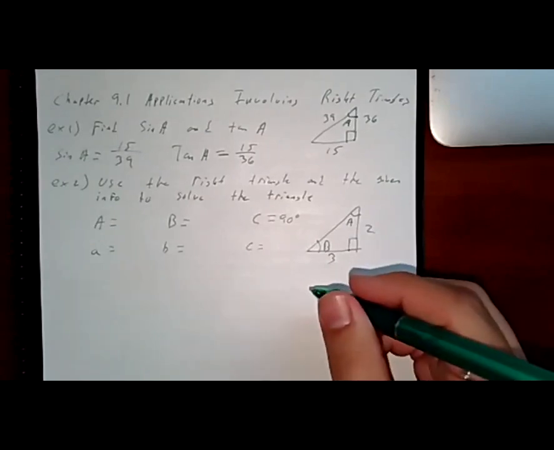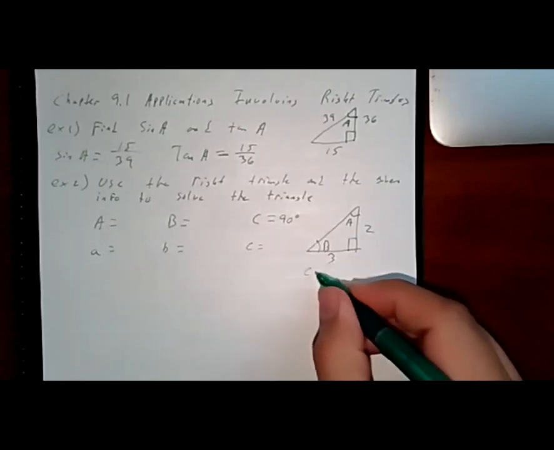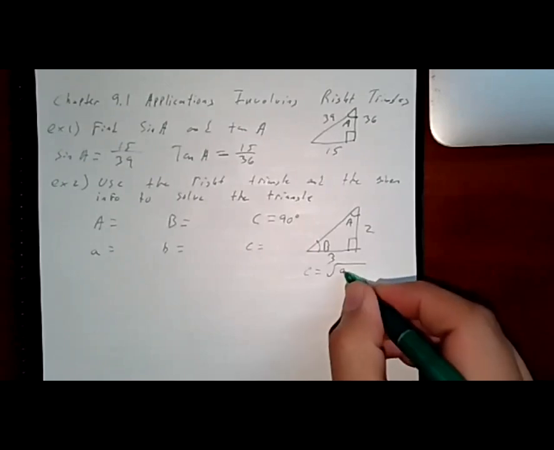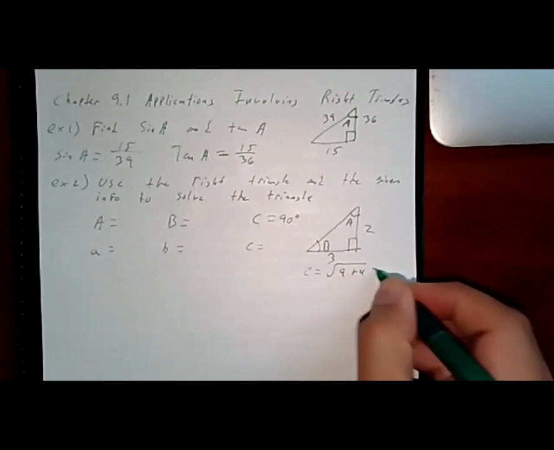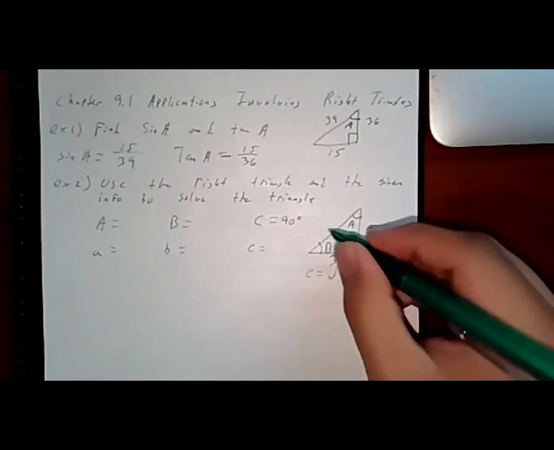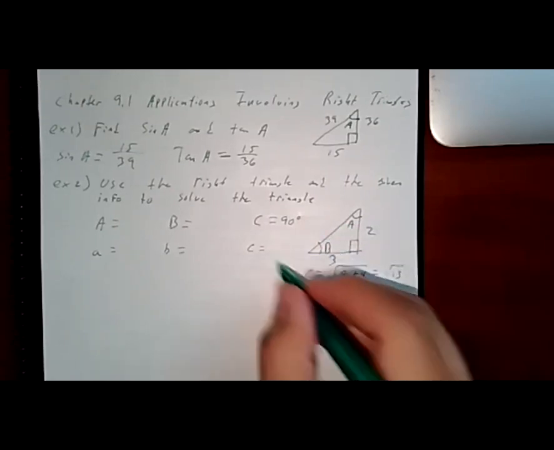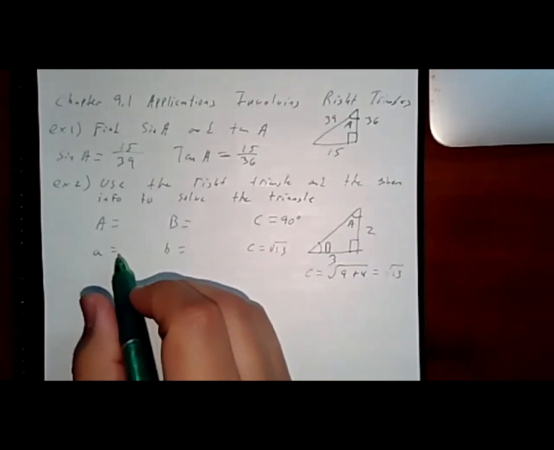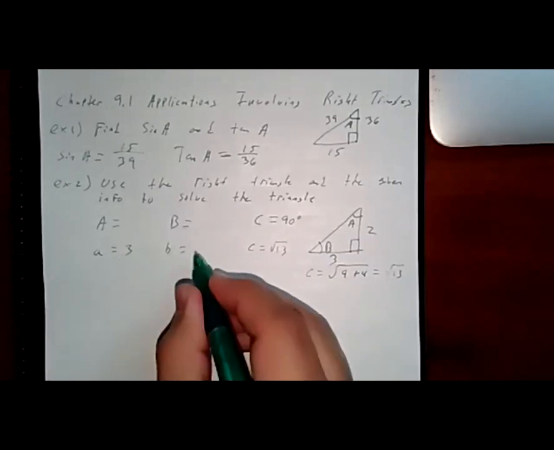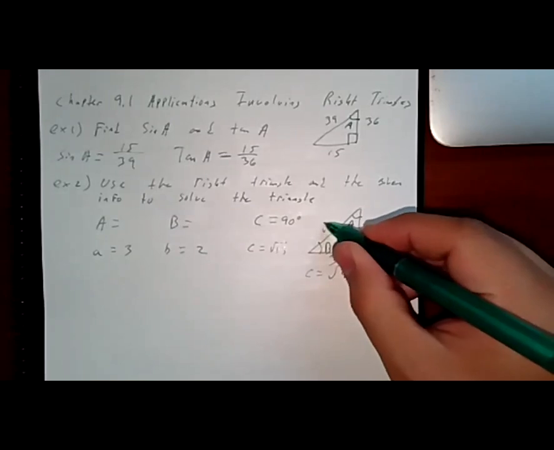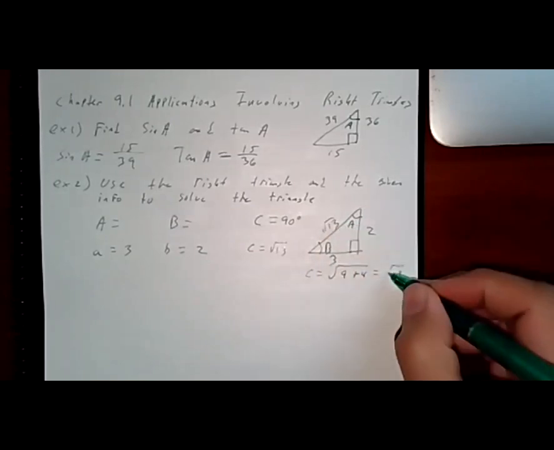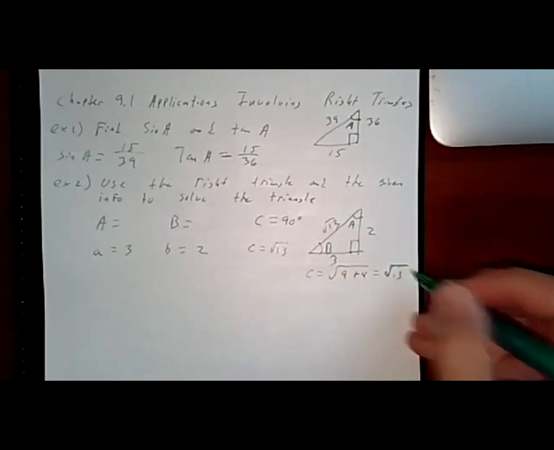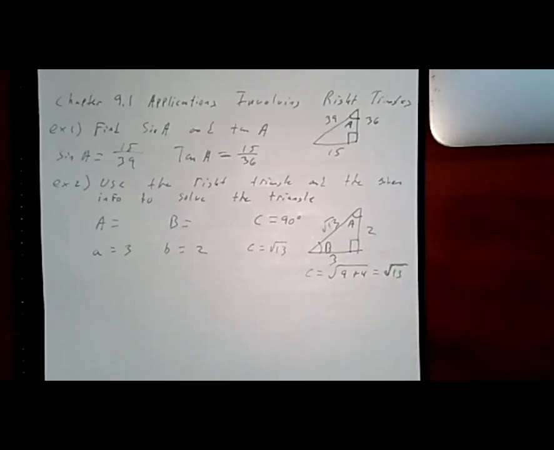So the easiest one to find is the hypotenuse, right? So c will equal the square root of 9 plus 4, which is root 13. We'll call a 3, b 2.